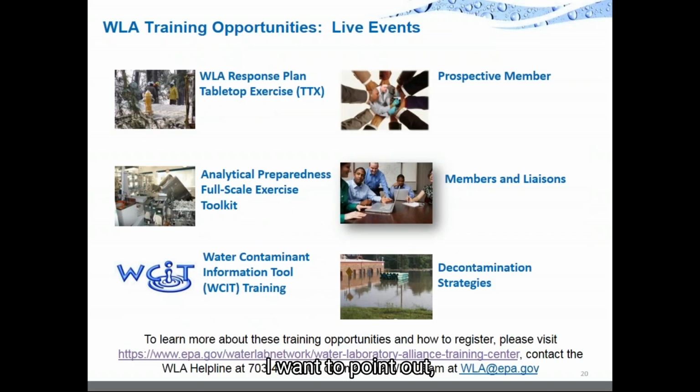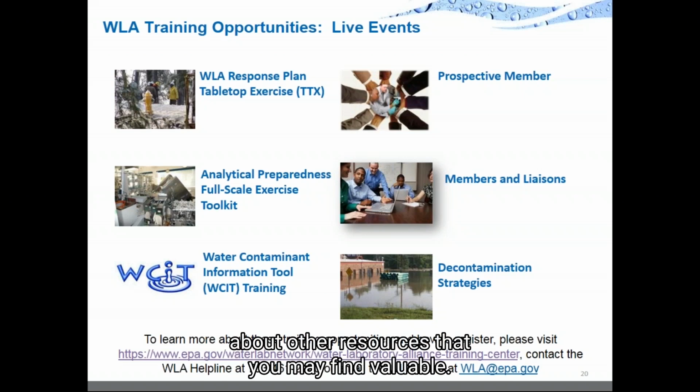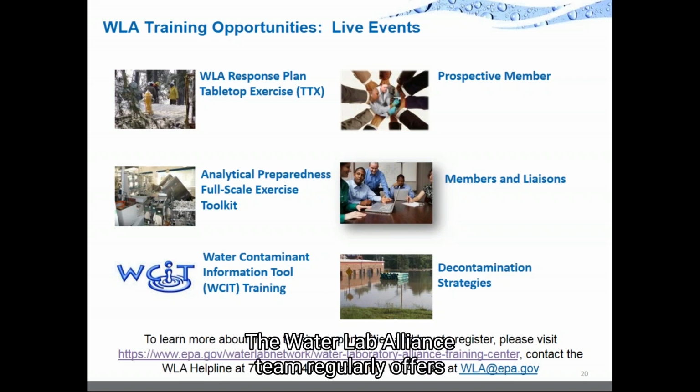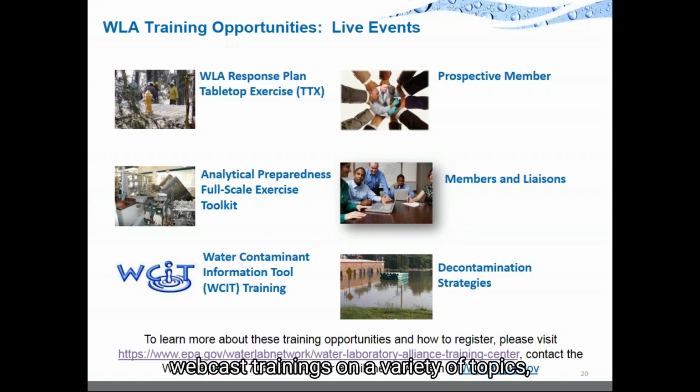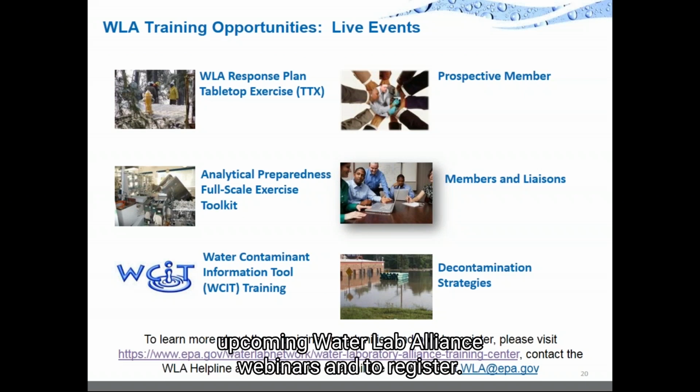I want to point out in closing, I'd like to say a few words about other resources that you may find valuable. The Water Lab Alliance team regularly offers webcast trainings on a variety of topics, some of which are listed here. We encourage you to visit the EPA website to find more information about upcoming Water Lab Alliance webinars and to register.